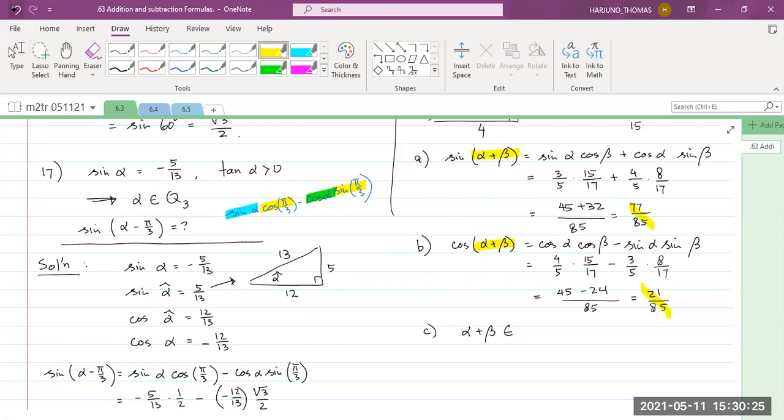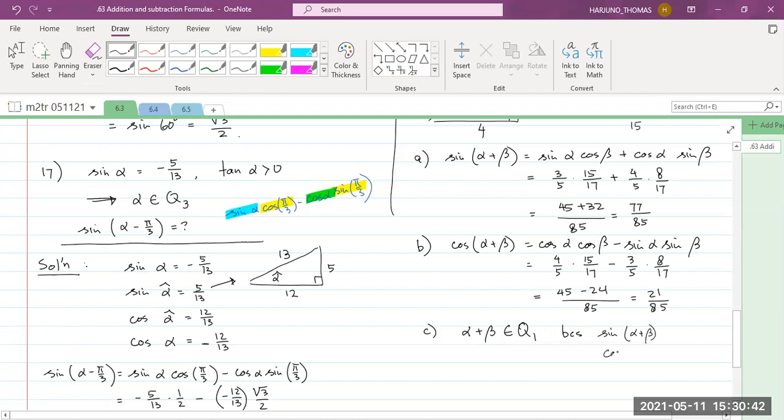So that angle must be in quadrant 1. Why? Because sine of alpha plus beta, cosine alpha plus beta of the same angle are both positive.